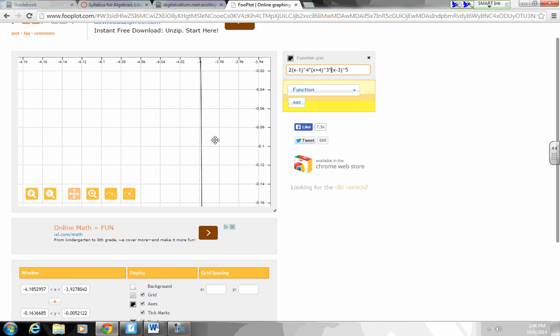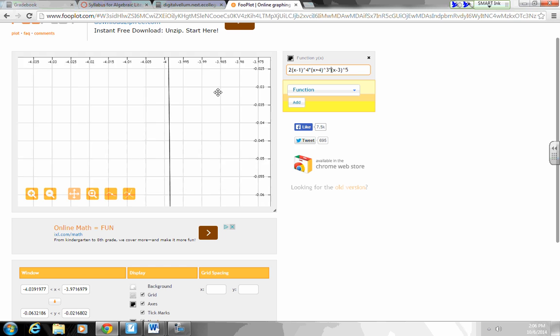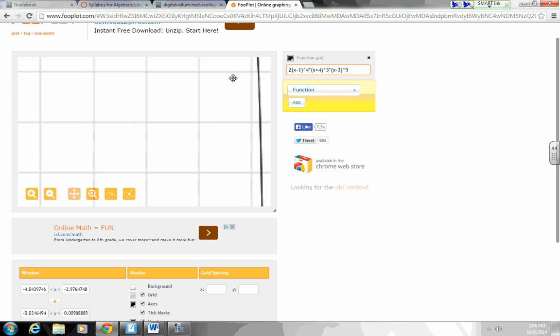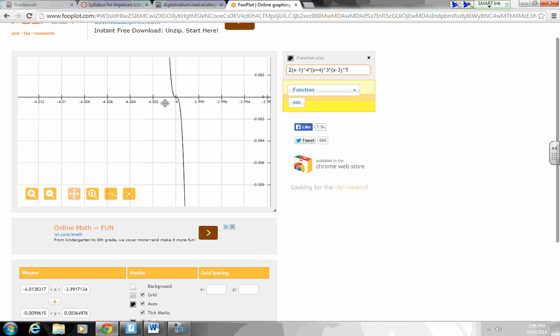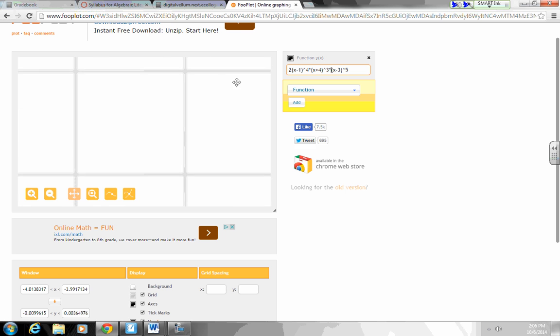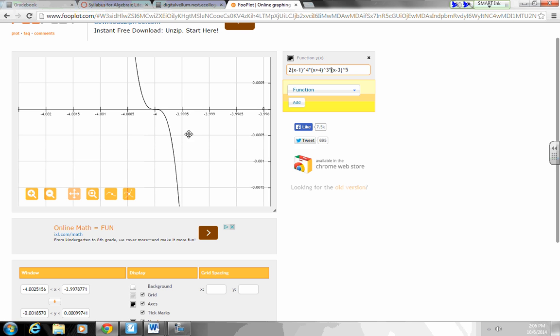Does it do a little wiggly thingy? Yeah, you see? It does a little wiggly thingy. But I'm really zoomed in. So if it's greater than 1 and odd, it'll do the wiggly thingy. If it's 1, so again, linear, odd, cubic, even, quadratic. That's all.